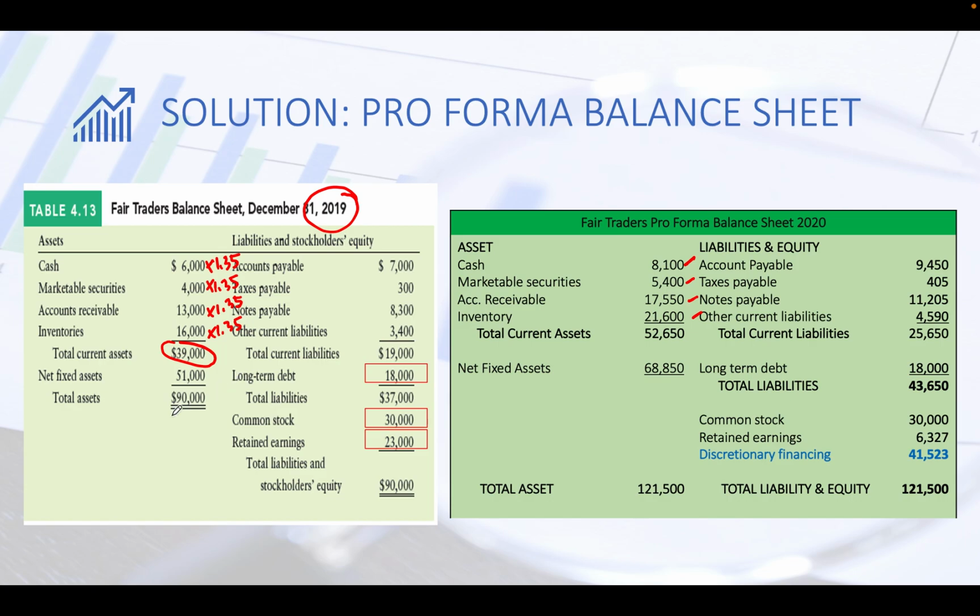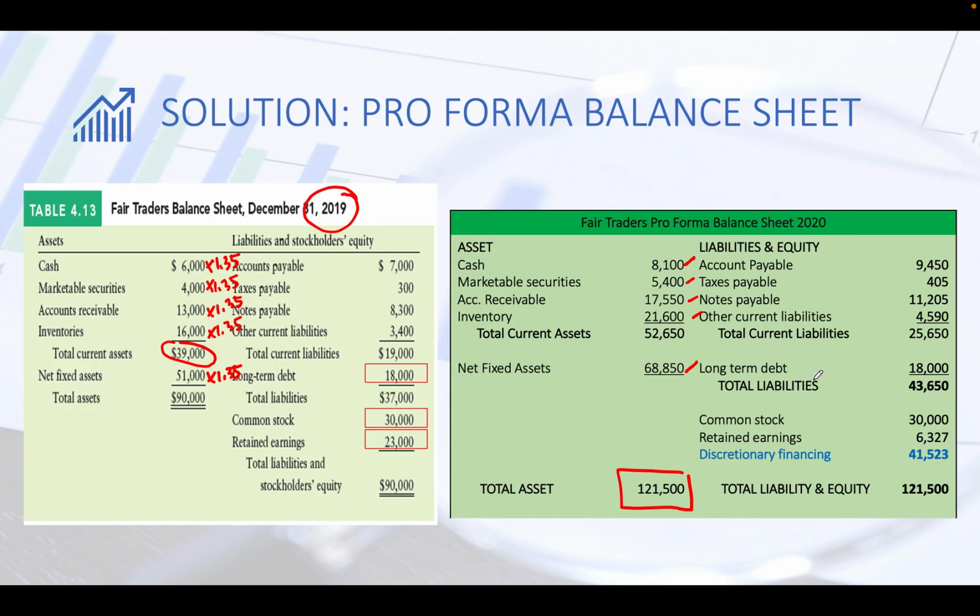In this example, we consider that the company used all its resources efficiently. So efficiently means the net fixed asset also increased by 1.35. So, bila you dah calculate ni, darab dengan 1.35, you akan dapat this amount. So, bila total up, dapatlah 121,500.